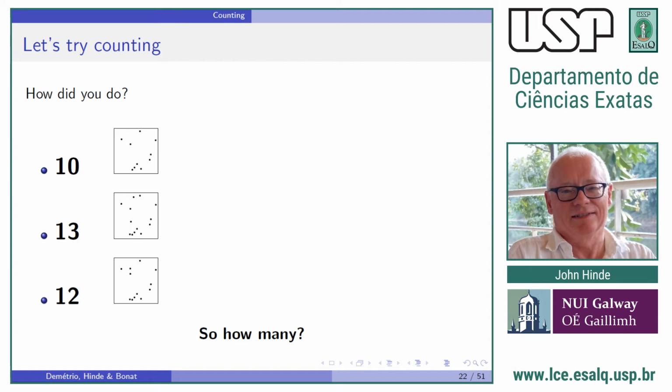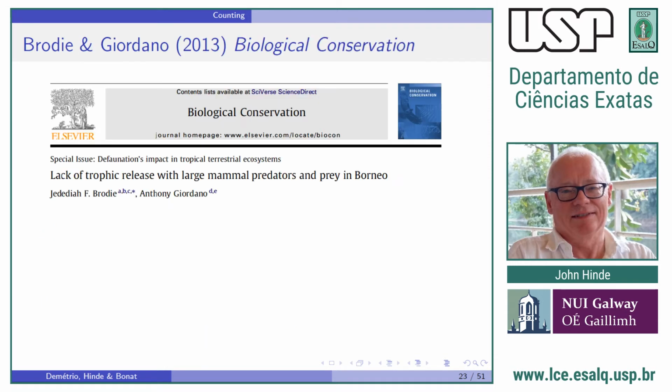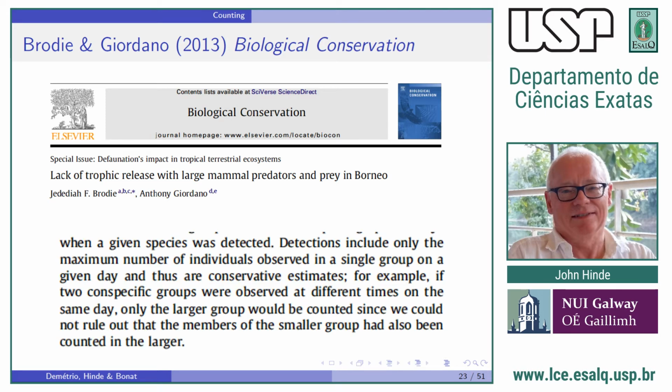If you look carefully, you'll see there's some similarity between those dots. Now, I thank Raphael for this, because we came across a paper where they were talking about counting animals. And they said, it can be quite hard.